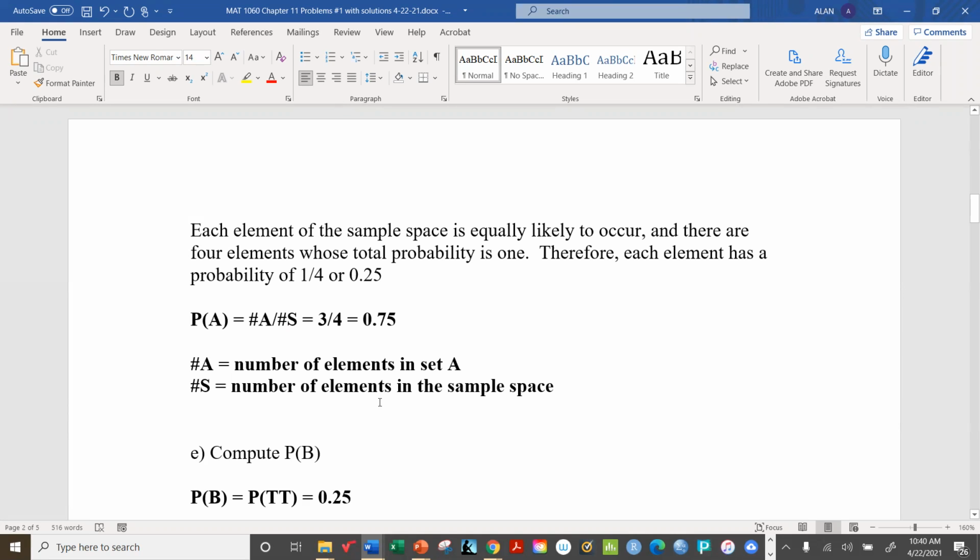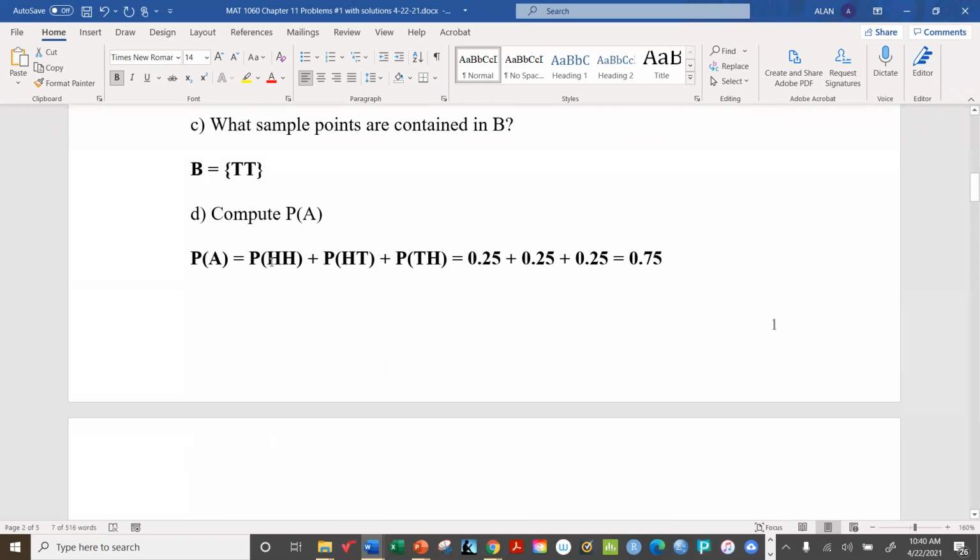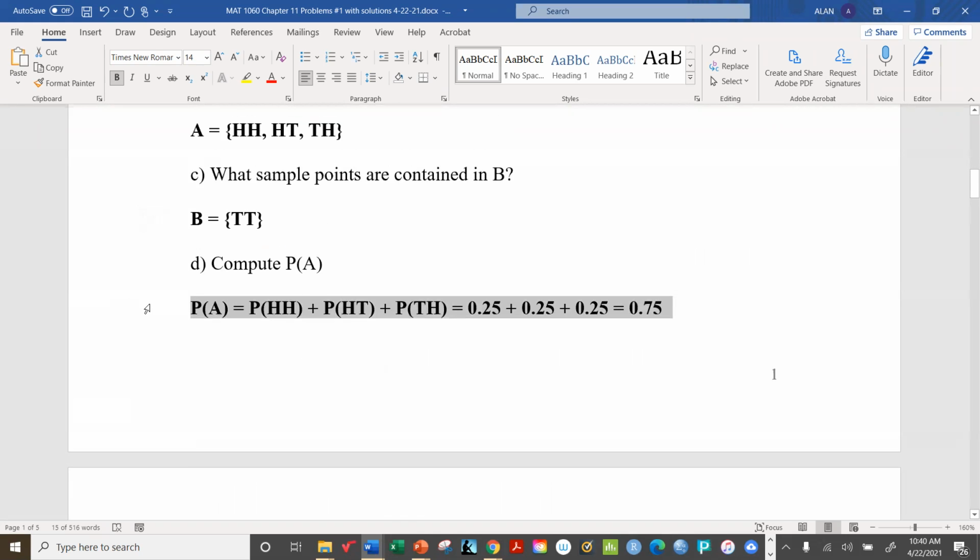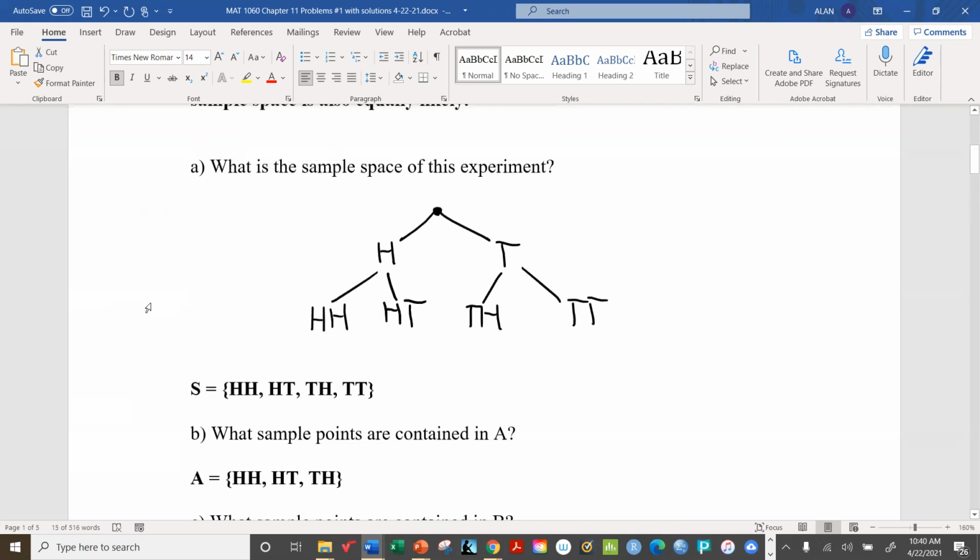Now, if you had a sample space where all the elements were not equally likely to occur, you can't use this approach, but you can always use this approach. Imagine for some reason the coin is not equally balanced, and so heads, let's say, have a probability of 0.6 and tails have a probability of 0.4.